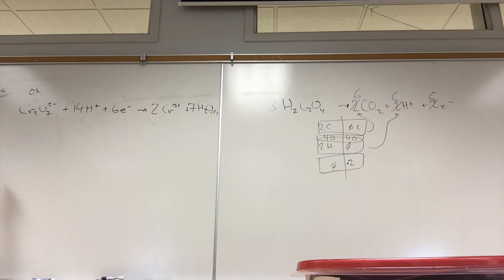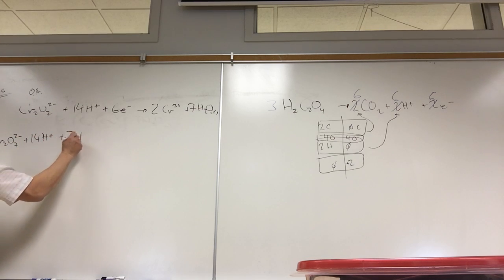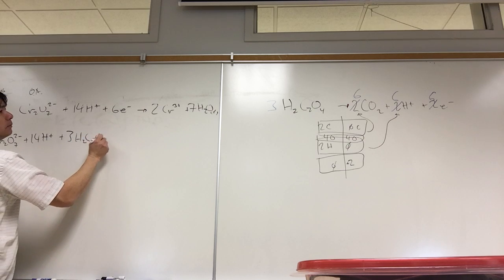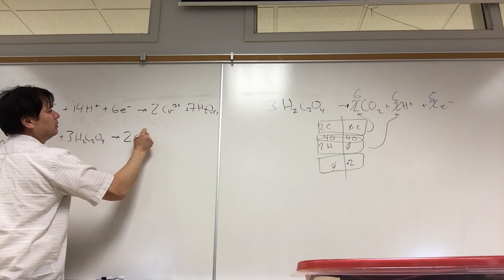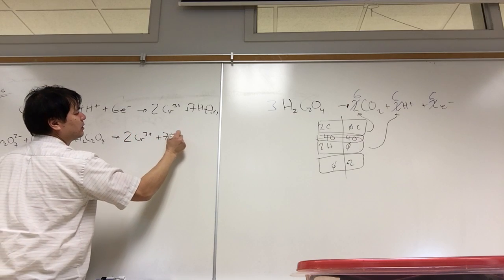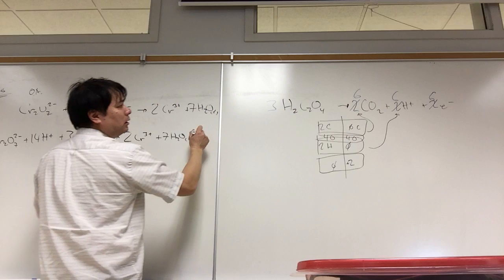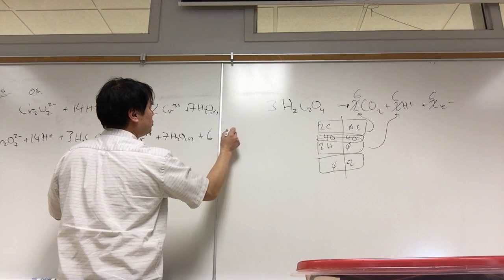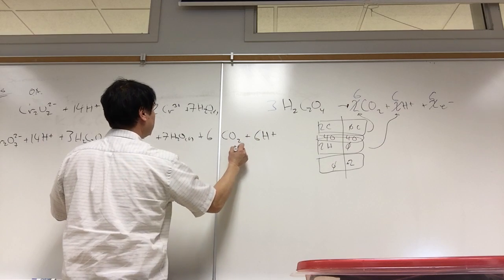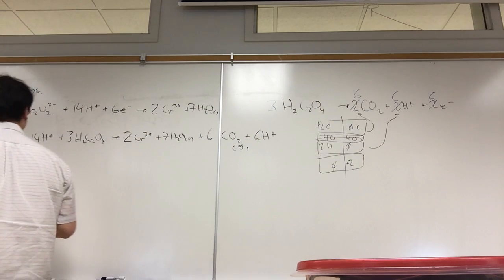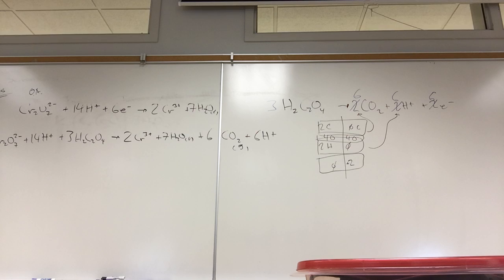And so the first reaction we're doing is dichromate plus 14 H plus, and then the 6 electrons cancel, plus 3 oxalic acids yields 2 chromium 3 plus, plus 7 H2O liquid, plus 6 CO2, plus 6 H plus. CO2 is a gas. Everything else, except water, is aqueous.